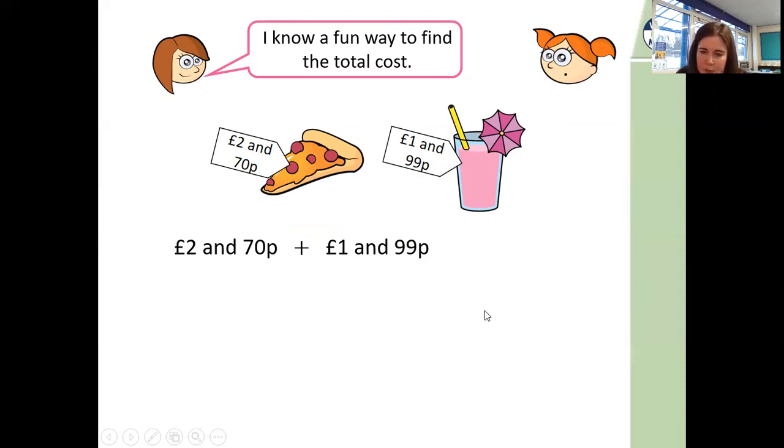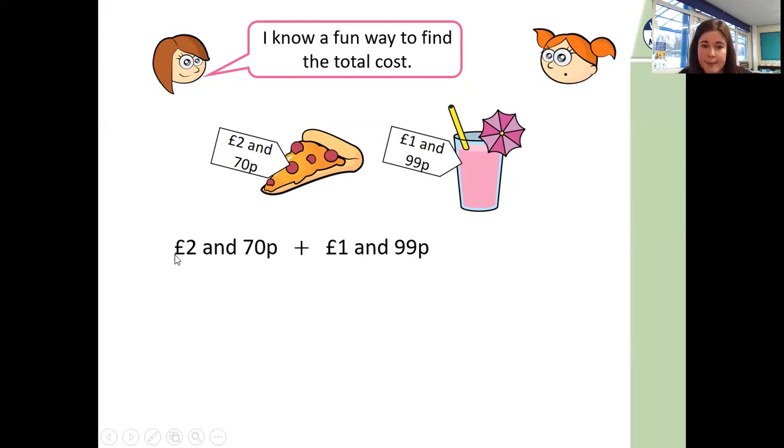Do you remember earlier when we were looking at the red and the yellow dots, we talked about editing the numbers, moving a dot from the 6 to make it a 20. A 20 was a much easier round number to add 5 to. £1 and 99p is really close to £2. £2 is a lovely round number, which will be much easier to add than £1 and 99p.